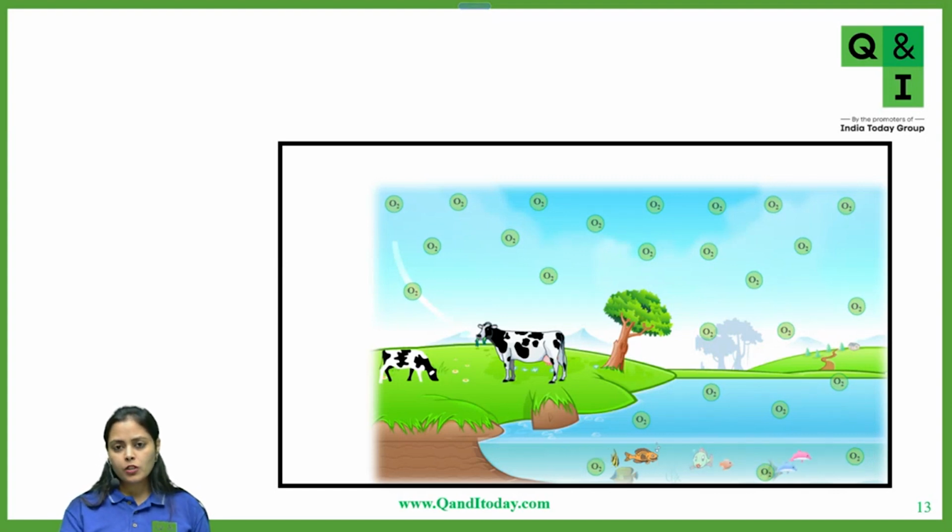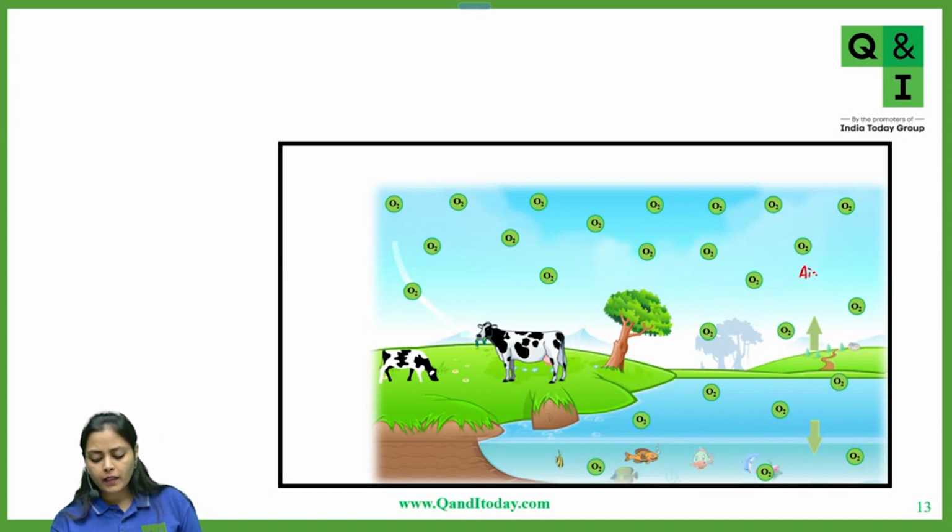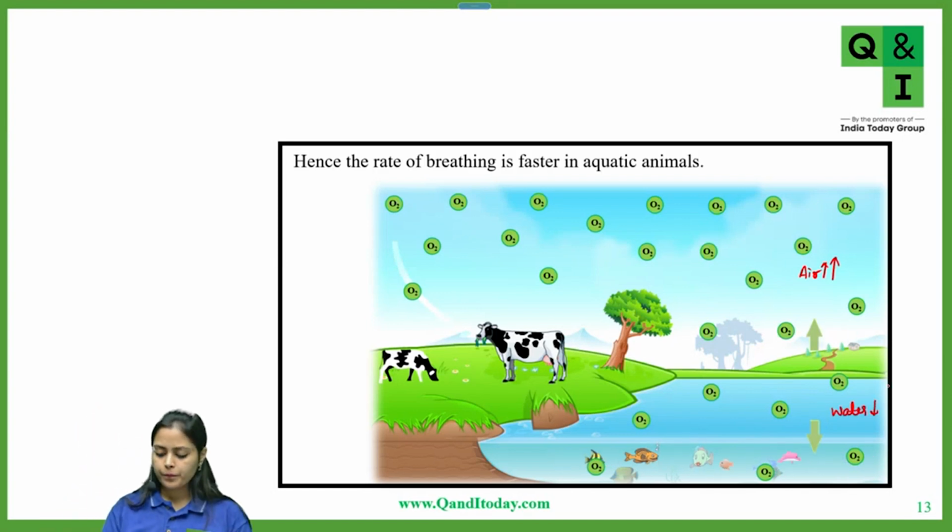In air, oxygen is present in free form. However, in water, it has to be dissolved, and this dissolvability is very low. That's why the concentration of oxygen in water is much lower compared to the concentration of oxygen in your air. Clear?